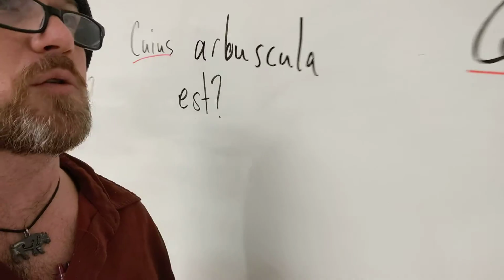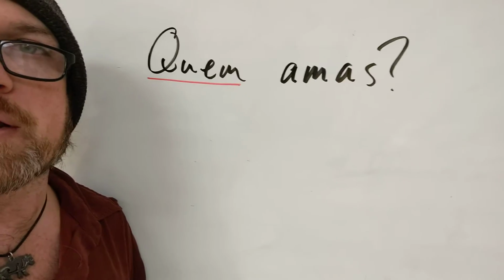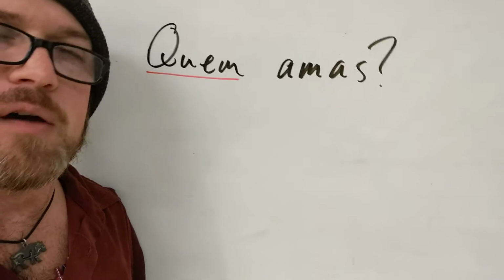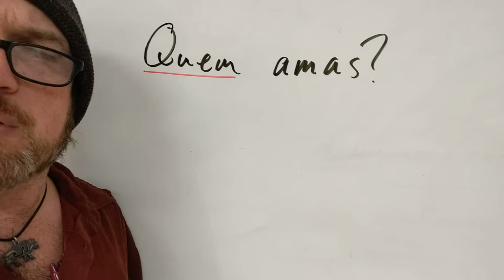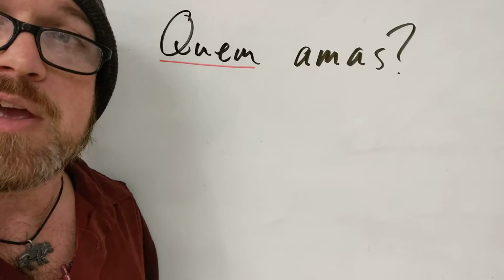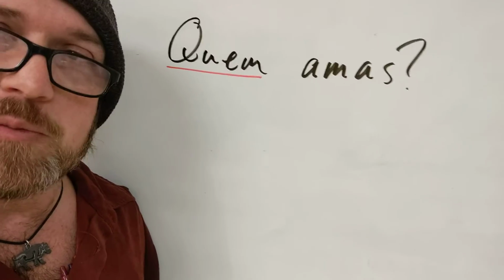Or you might use whom. I didn't put an example of every case here, but I did put an accusative one. So, quem amas, this would say, whom do you love? I know in English, colloquially, we don't usually say, whom do you love? We usually say, who do you love? There's even that great Bo Diddley song, Who Do You Love? Technically, it should be, whom do you love?